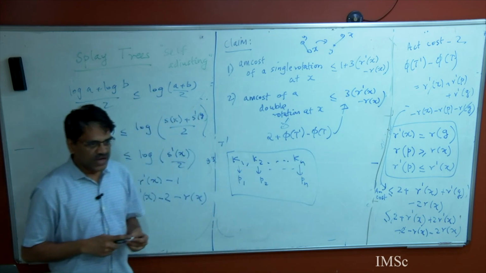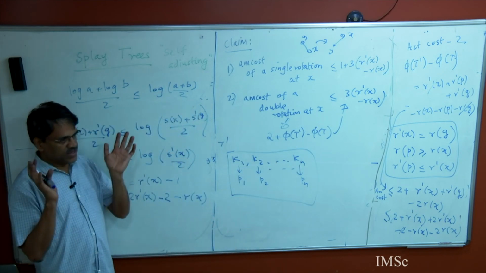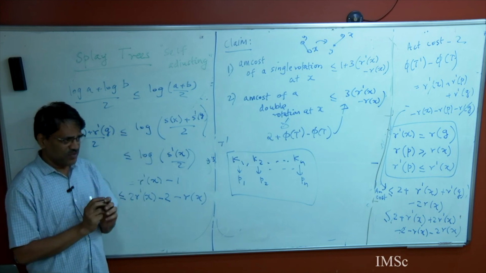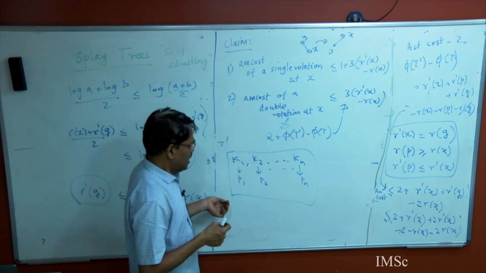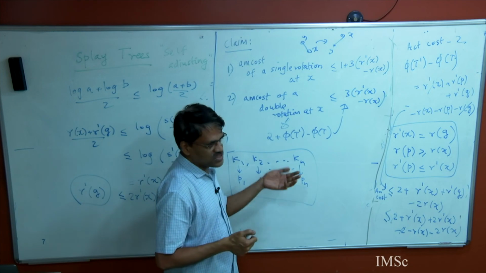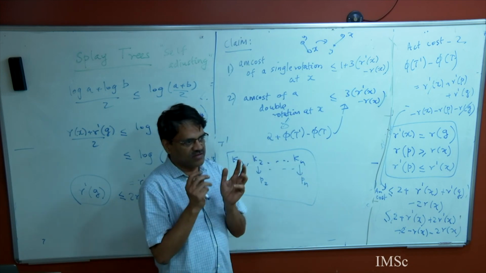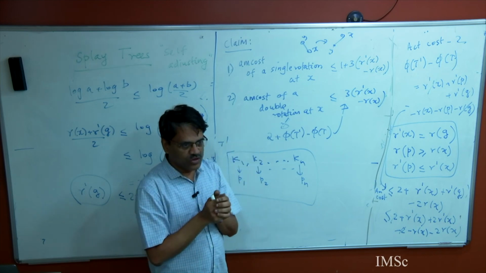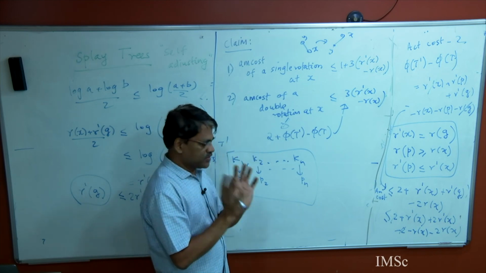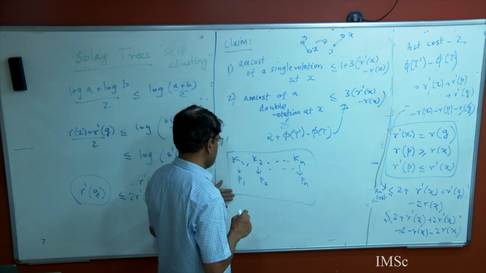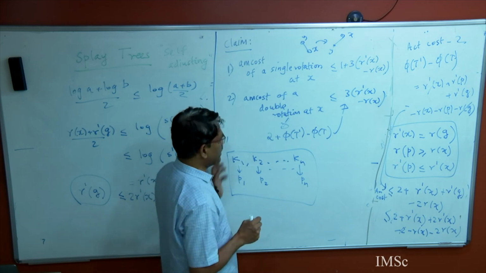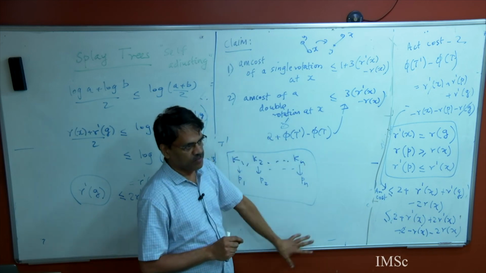Can you construct a binary search tree? Nothing about balanced or anything, because it need not be balanced. If something is accessed very infrequently, you don't mind spending linear time for it, and if something is accessed very often, you may want to keep it close to the root. So can you construct a binary search tree such that the weighted cost of the search is minimum?